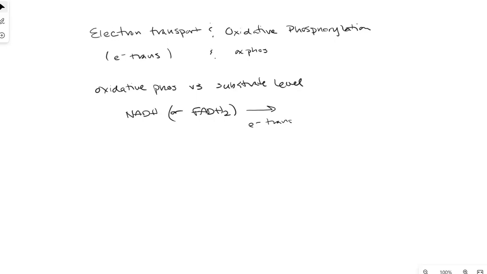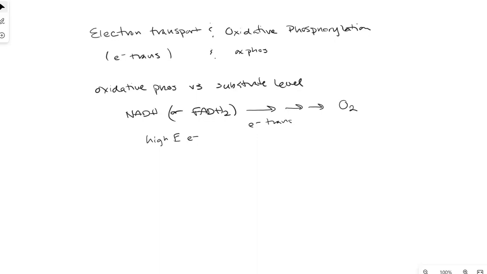And through this sequence of transfers, energy is harvested from these high energy electrons and subsequently utilized to generate ATP and are ultimately transferred to oxygen, which is our terminal acceptor.